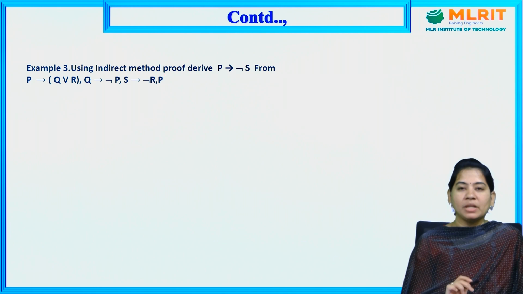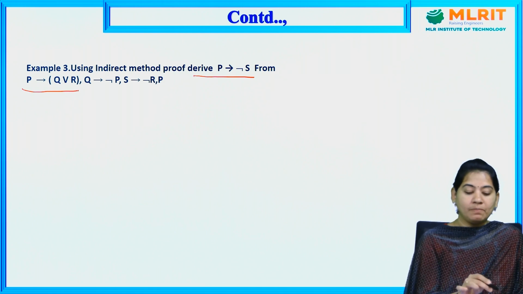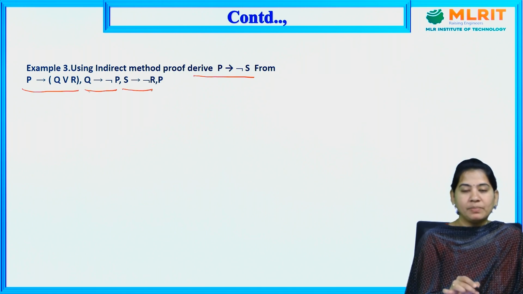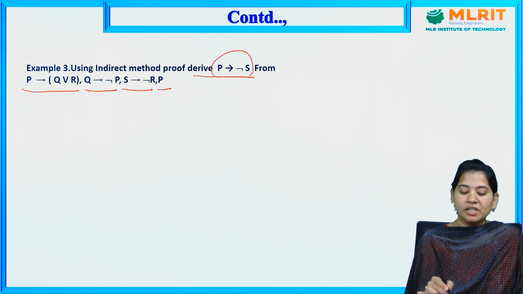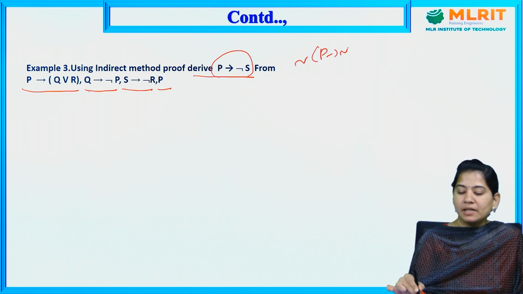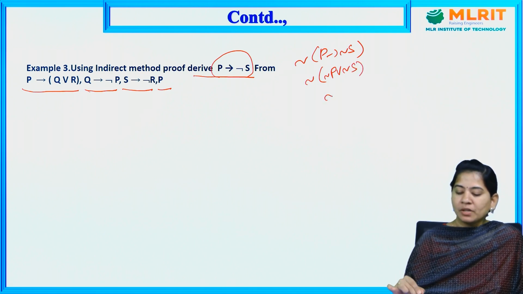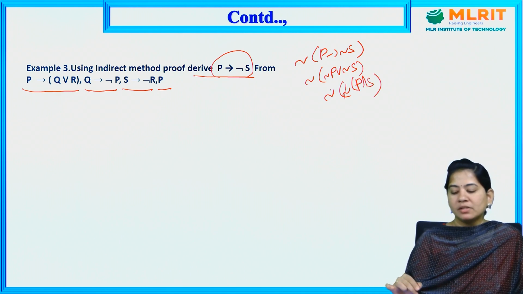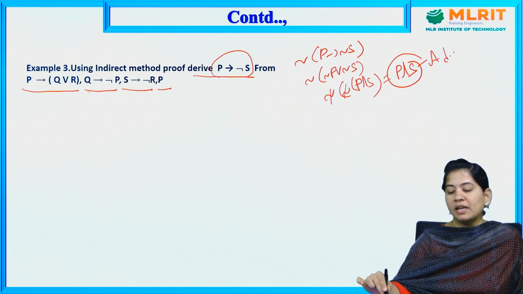Using the indirect method of proof, derive P implies negation S from P implies Q or Q implies negation P, S implies negation R, and also P. So here the conclusion is P implies negation S. If you apply negation for P implies negation S, then by applying the standard formula negation P or Q, that is negation P or negation S, the negation of it, you take P and S, so the negations will get cancelled and you will get the answer as P and S. This is called the additional premise.